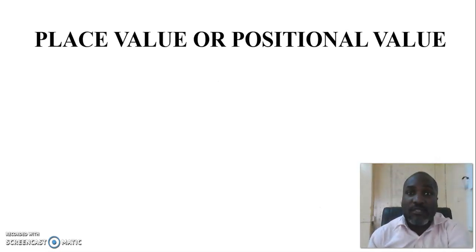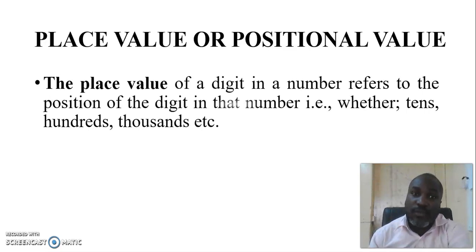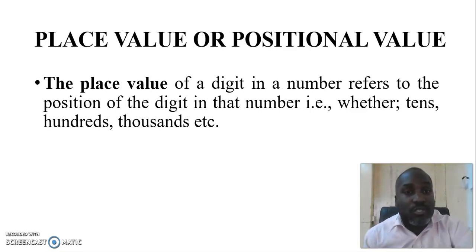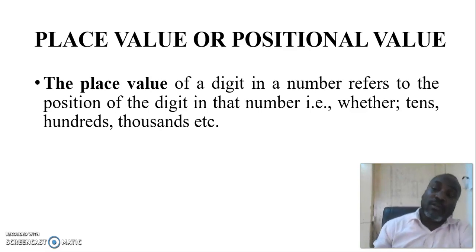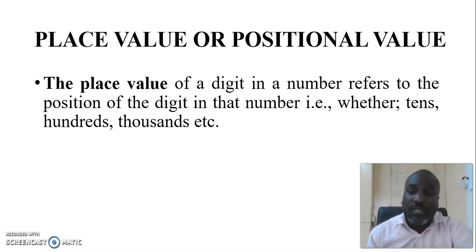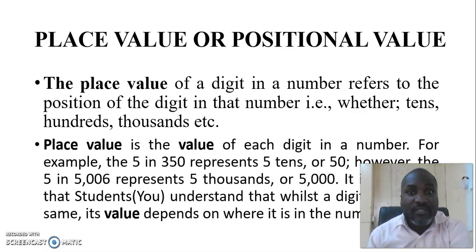The next one is the place value or the positional value. The place value of a digit in a number refers to the position of that digit in the number. This is where we talk about tens, ones, hundreds, thousands, and so on. The place value of each digit in a number is the value of each digit in that number.